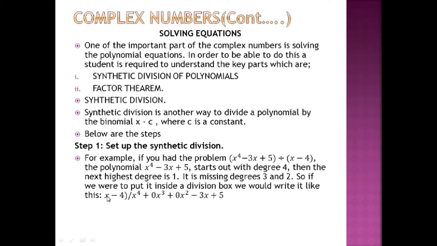So if we were to put it inside a division box, we will write it like this. We put x minus 4 and divide this into x to the power 4 plus 0x, which is the missing value, and plus 0x to the power 3 plus 0x squared minus 3x, which was a variable, and plus 5 as the constant.